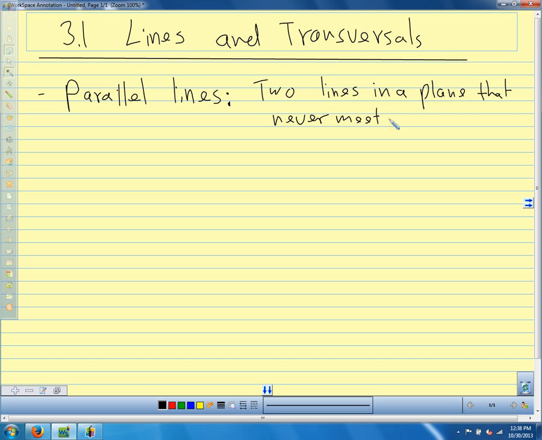And we'll talk in just a second about why we say that those two lines are in a plane. So if we say that parallel lines are two lines in a plane that never meet, what do you think we mean when we're talking about parallel planes? Two planes that never meet.